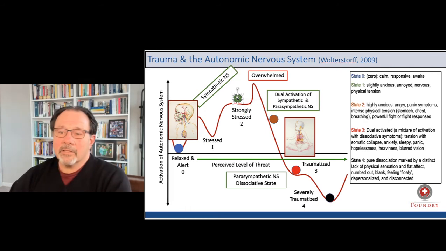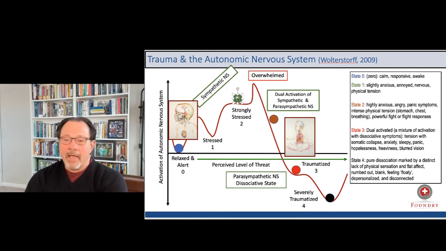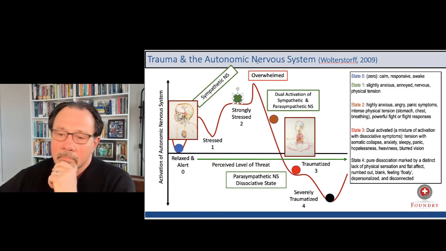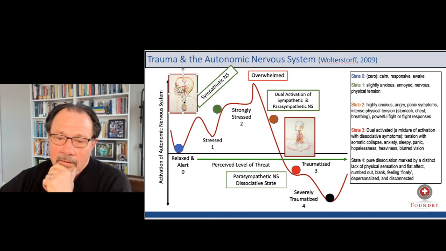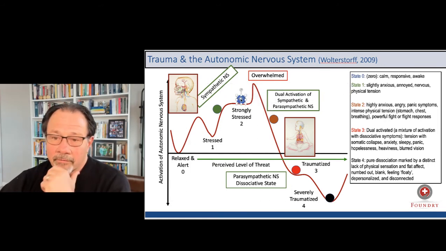So I ask clients all the time, how many of you get angry really fast? And hands go up, and they go from 0 to 60 in 5 seconds. Well, if you're kind of living in a state that's here, it requires a fairly significant amount of threat to move you from being calm and relaxed to being in that full fight or flight scenario.